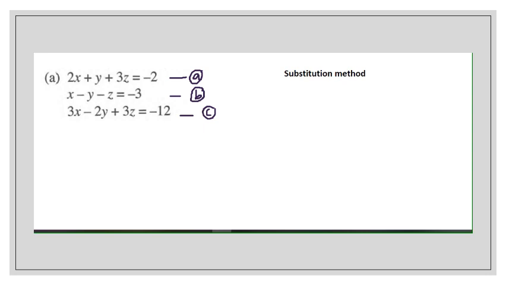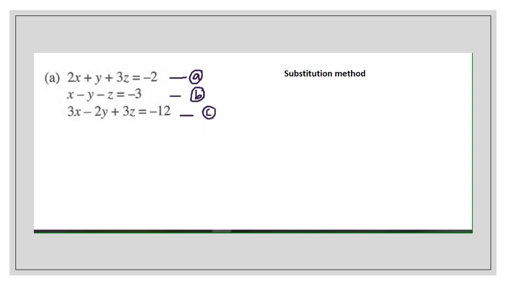Now in this slide, we are using another method, that is substitution. What is meant by substitution? Substitution is you substitute one value into another equation. Elimination is we eliminate one variable. Substitution, you substitute one variable into the other 2 equations.